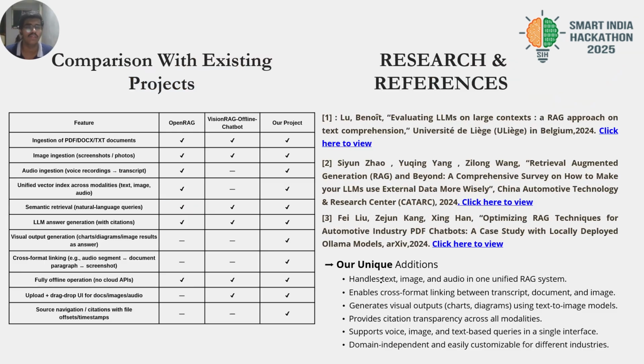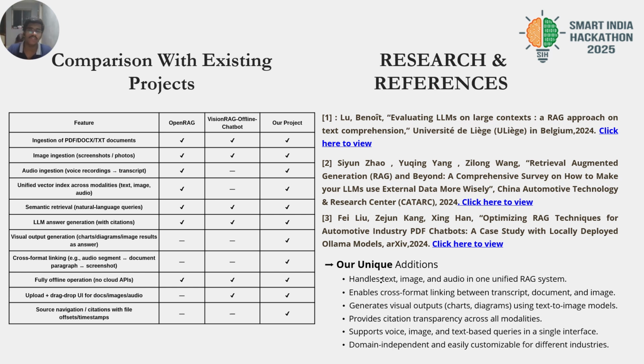These are the contents which we found in existing projects like OpenRAG, VisionRAG, offline chatbots, and R projects. These are the similarities and features that our project checks off while the others fail. These are also the research papers which were used while planning the proposed solution for this problem statement.